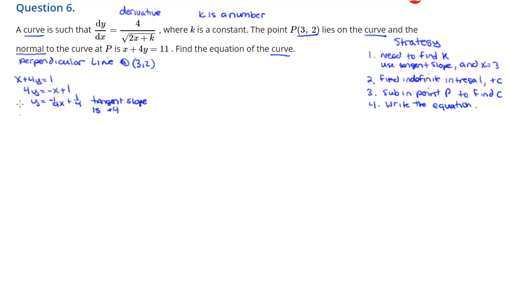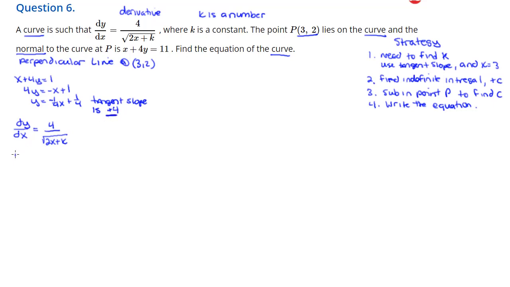So we're good to go with the slope. If we can make the derivative equal to +4 and then plug in the x value of 3, the only value we won't know is k, and we can solve for k. So let's go ahead and do that.